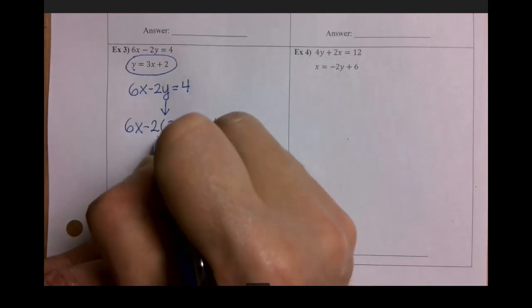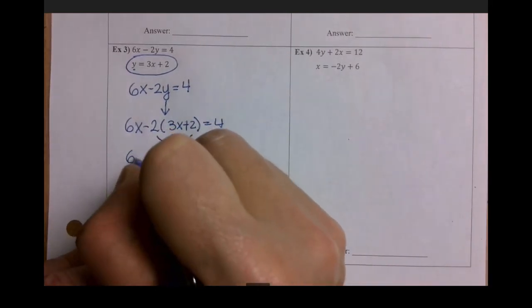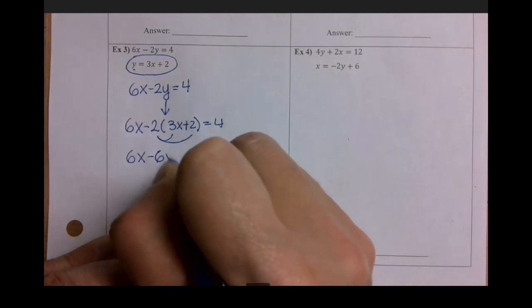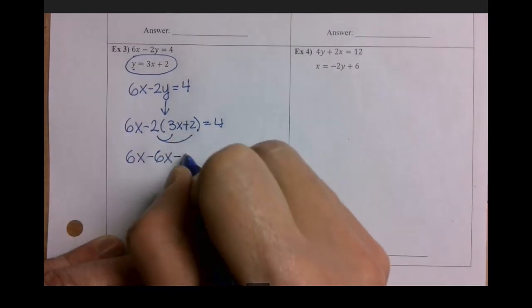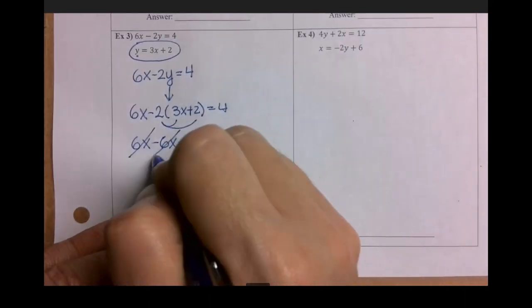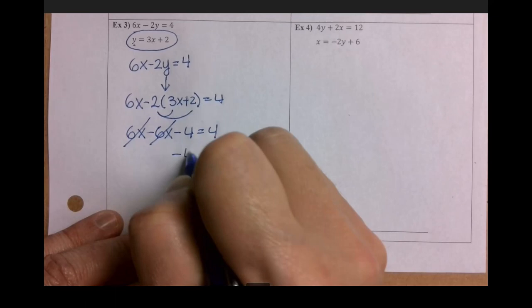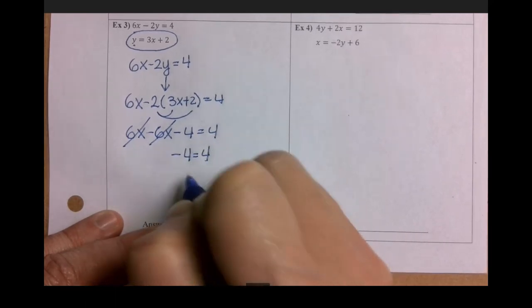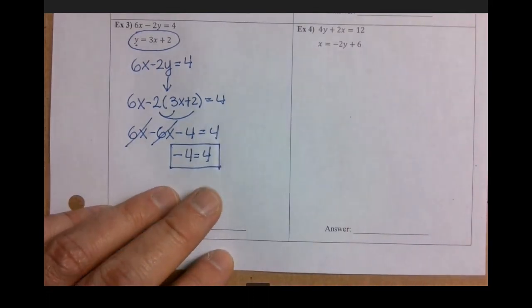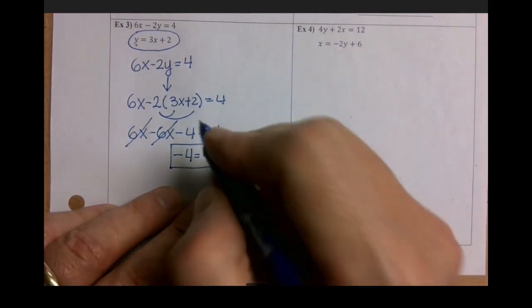So now I'm going to multiply, so this would be 6x, negative 2 times 3 is negative 6x, negative 2 times 2 is negative 4 equals 4. The 6x cancel, I'm left with negative 4 equals 4. So what happened here is the letter x disappeared, and I'm left with a statement that says negative 4 equals positive 4.